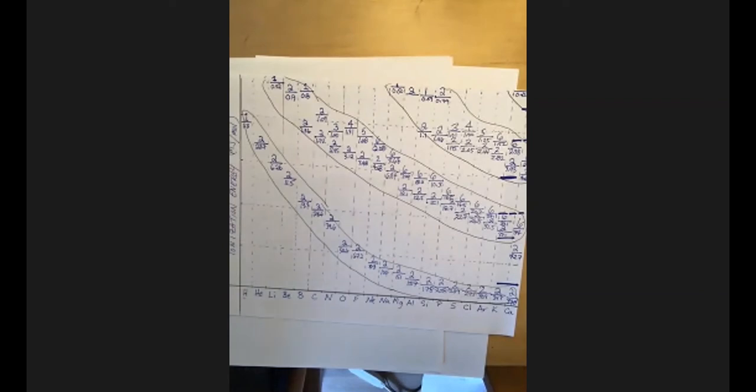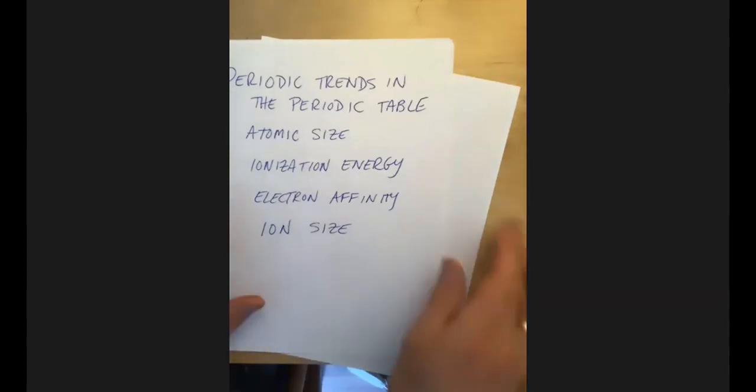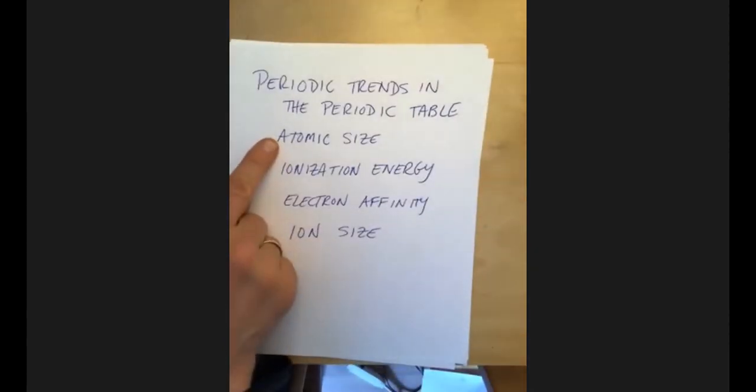So if we look at atomic size, we see that as you go across a row of the periodic table, they get smaller, and as you go down a group of the periodic table, they get bigger. Okay, so that's one of the patterns. I said we were going to do atomic size. Now we're going to do ionization energy.